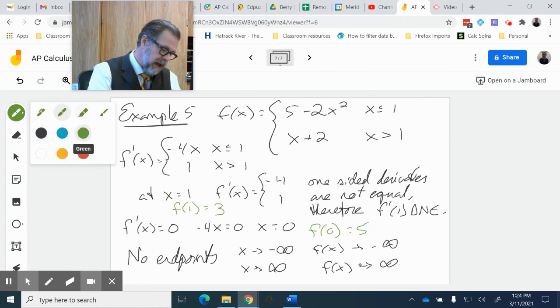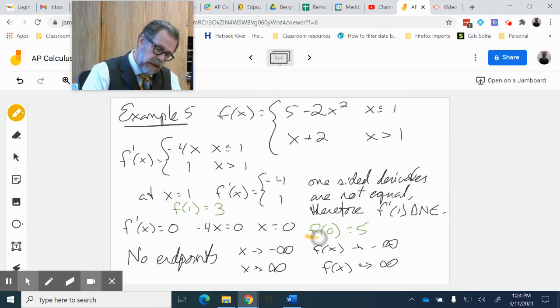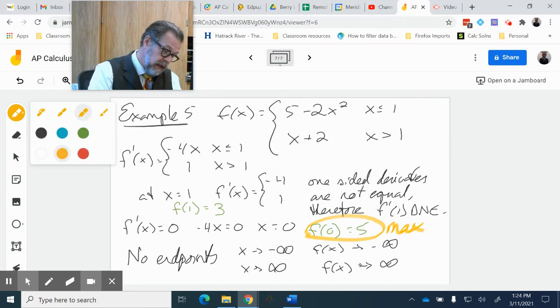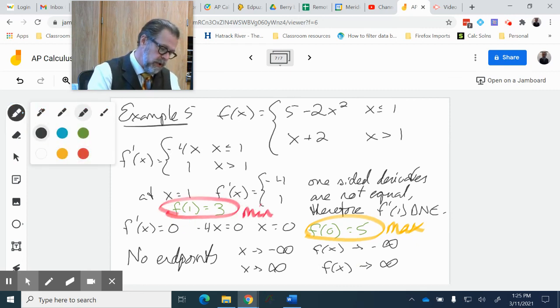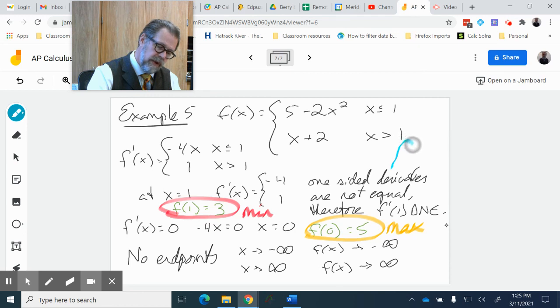Here's what we have. We have a local maximum, and this must therefore be a local minimum. And if I want to confirm this, what I would do is I would sketch the function. I would say I'm at negative infinity, and I come up and I reach some value, and I come down and I reach some value, and then again I go up forever.